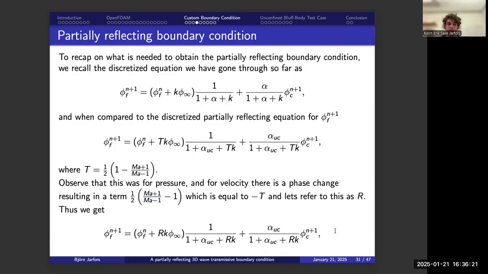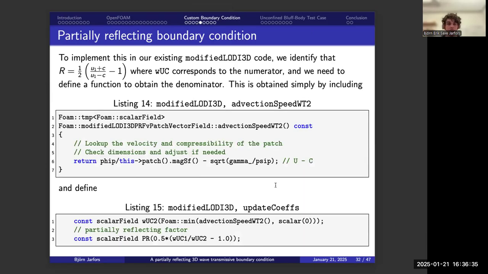So now we needed to implement this instead of this equation, which is rather simple because we actually only need to implement this coefficient in front of the k. To implement this coefficient in front of the k, we needed also to obtain u1 minus c in the code. So basically what is done here is simply to duplicate the advection speed for the wave transmissive part and take the negative of the, or subtractive, speed of sound instead.